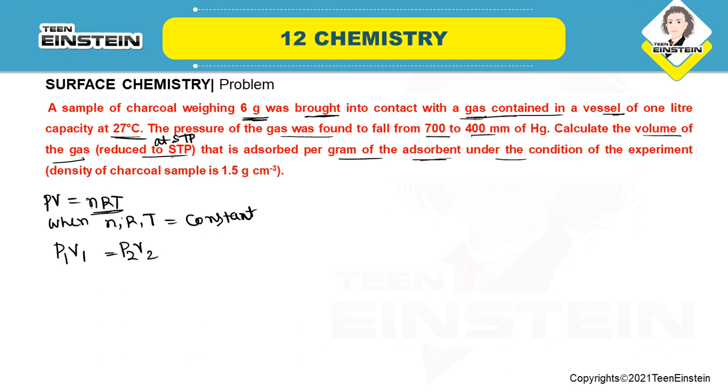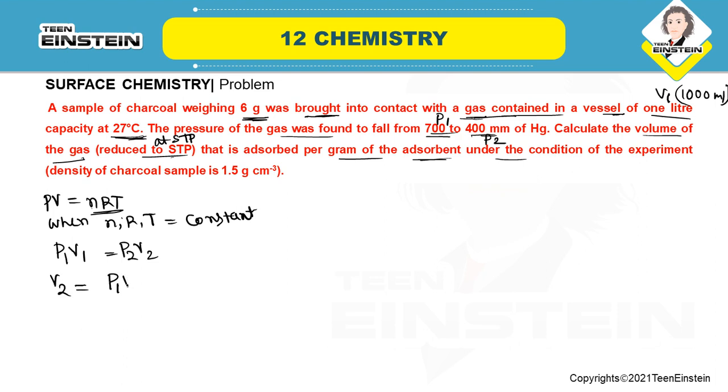So at 27 degrees centigrade, here pressure is changing, so P1 and P2 will be different. Suppose initially P1 is 700 and V1 is 1 liter, that is 1000 ml. This is P2, but V2 is not known, so we will find out V2.